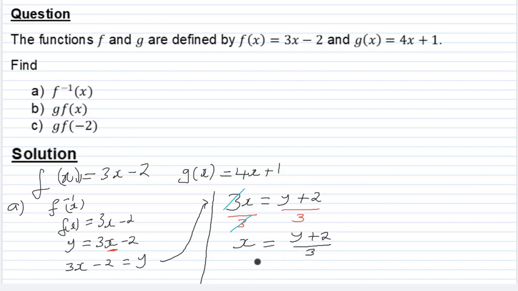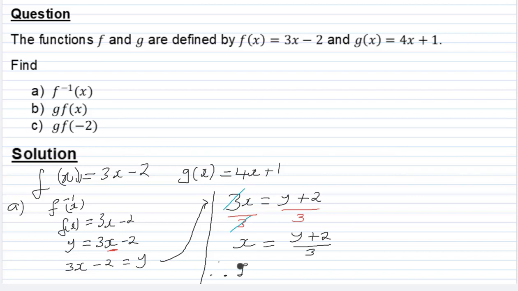Are we done? Not yet. So what do we do now? We have to replace x with the inverse, f inverse of x. So we write therefore, I'll just use this symbol.